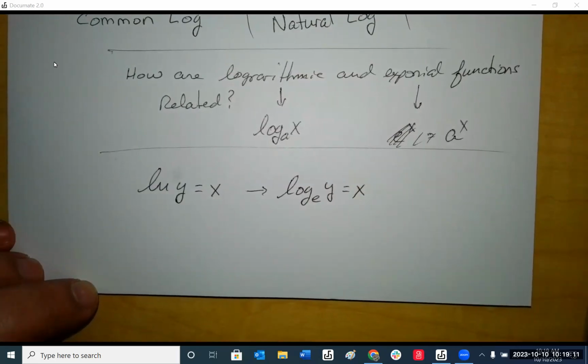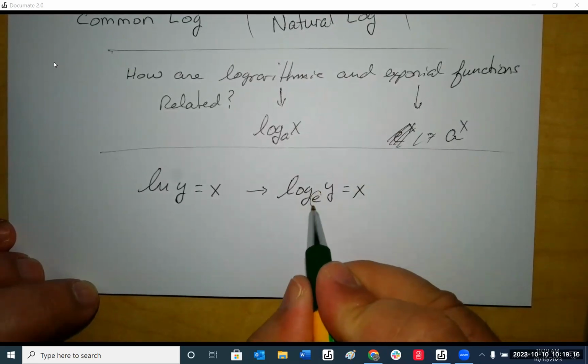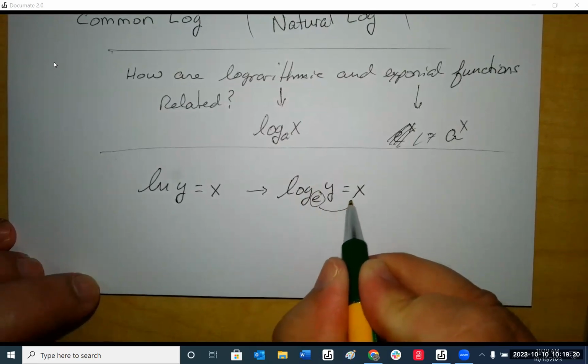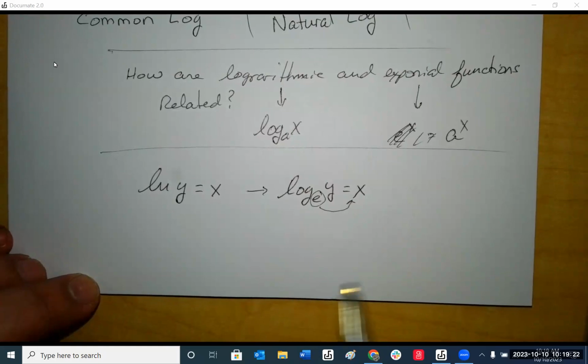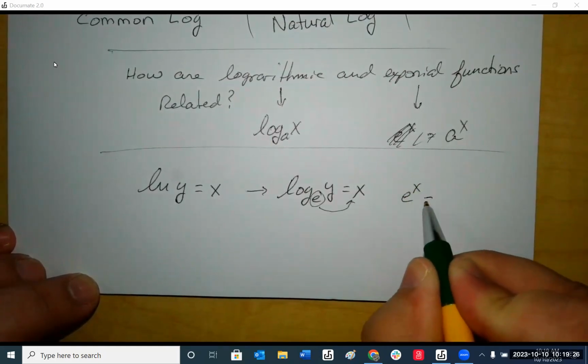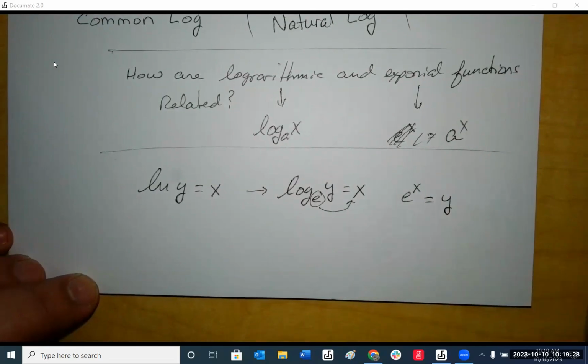The way you convert logarithms to exponential equations is the base stops being the base of the logarithm and moves over here, it is now the base of the solution. So e to the power x is equal to y.